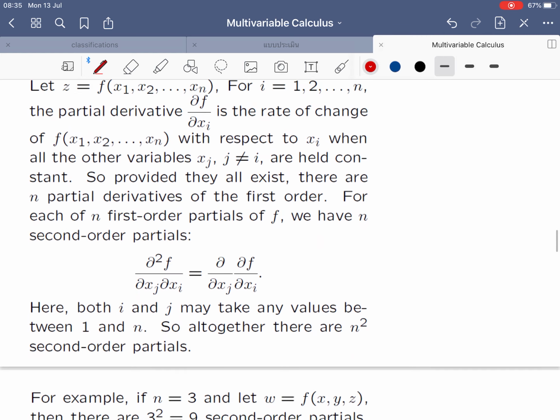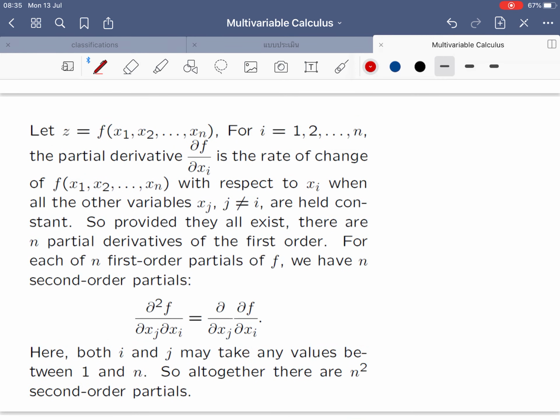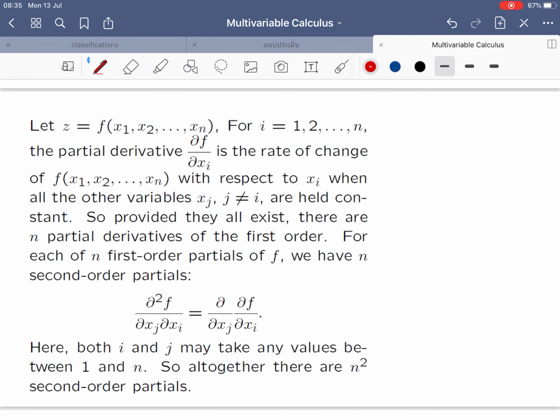So what we just noticed is that if z is a function of x1 through xn, the partial derivative df by dxi is the rate of change of the function with respect to xi, remember, while the other variables are held constant.